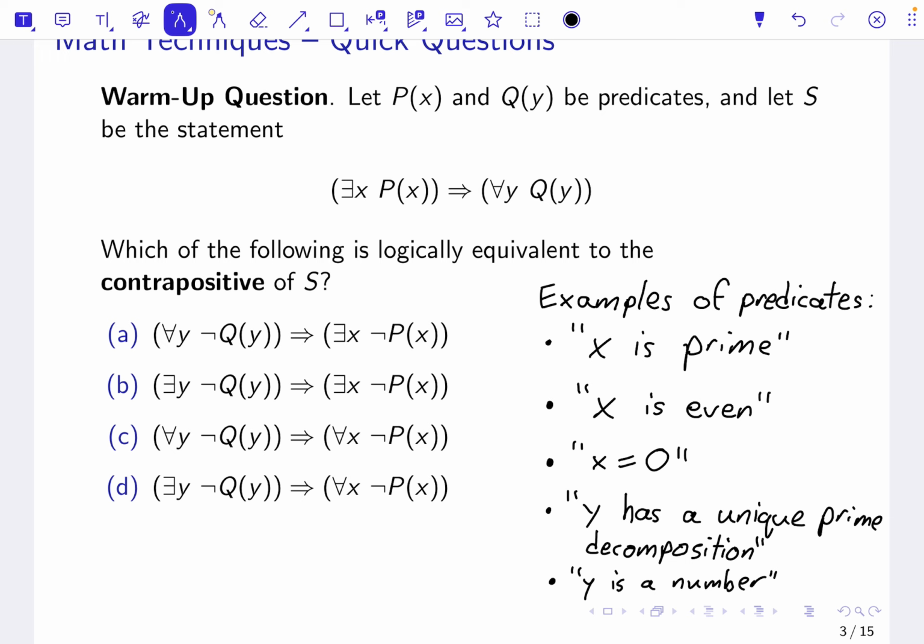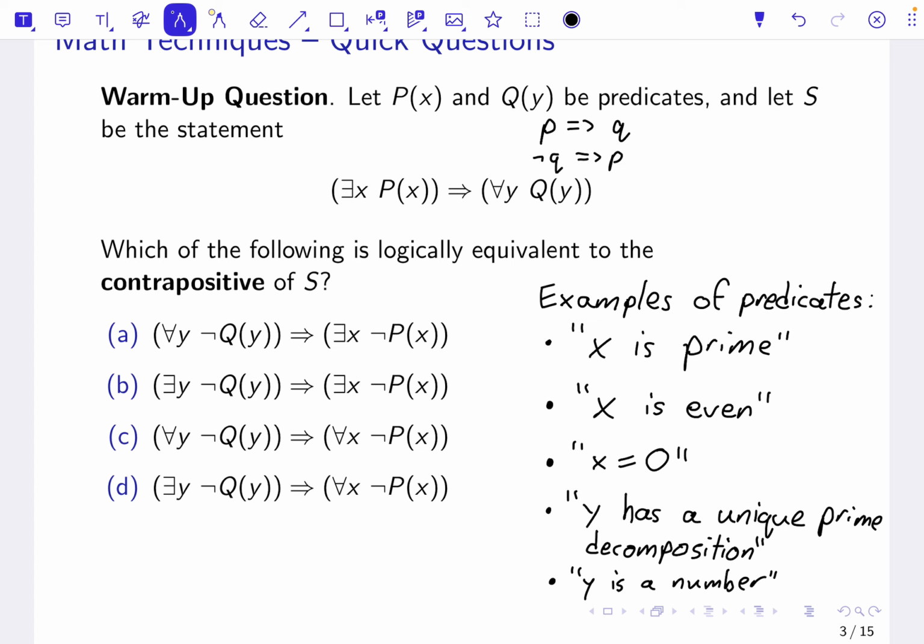Now, this example is about finding the contrapositive of that statement. And recall that for an implication if P then Q, the contrapositive is if not Q, then not P. So we're going to basically negate these two parts of the statement and then just find that in the list of options we're given.